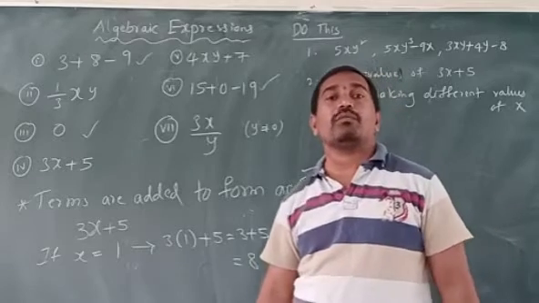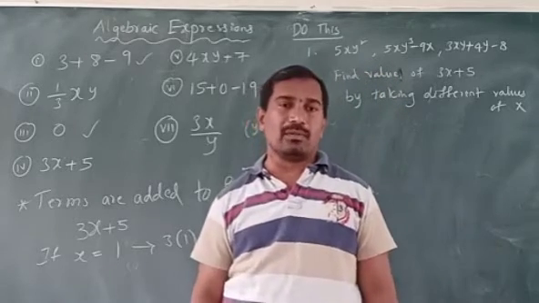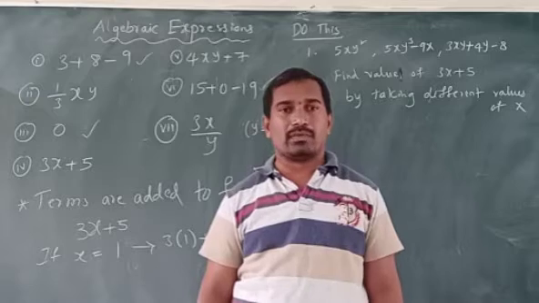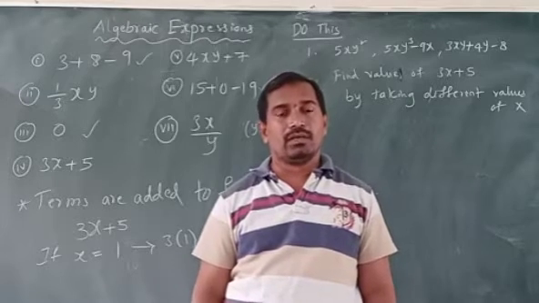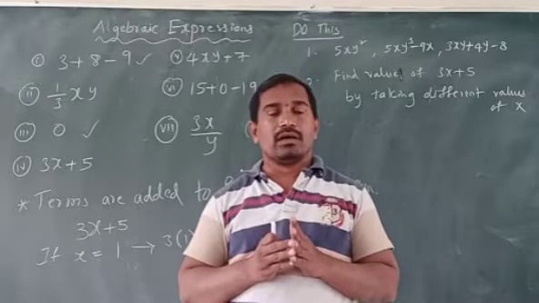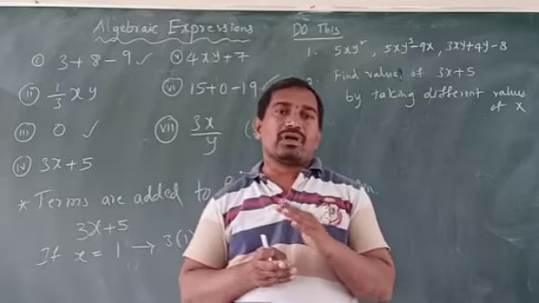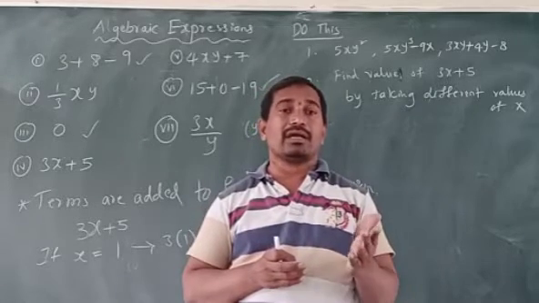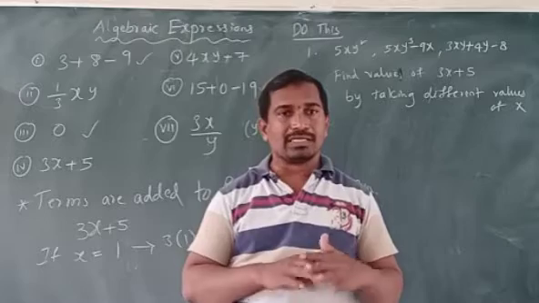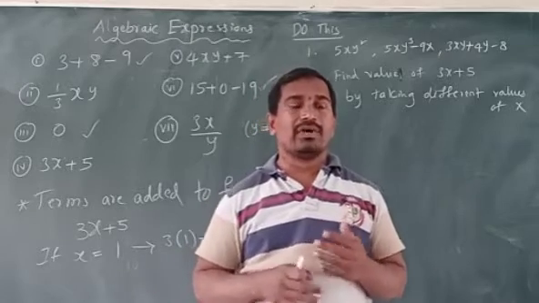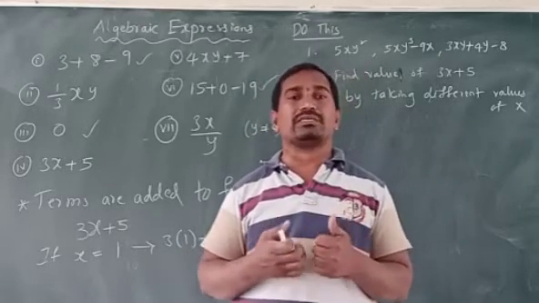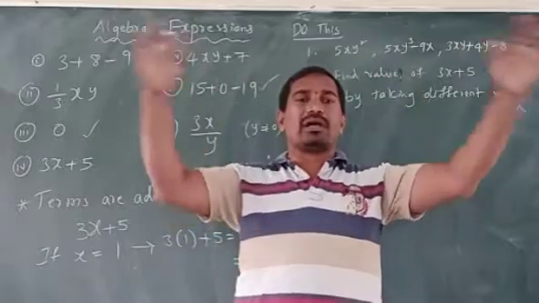How can algebraic expressions be formed? What is meant by a term? Can you say any one term? Term means the product of a constant and a variable. And what do you mean by constant? Constant means that which does not change. For example, my age is 30 plus, my height will be constant.